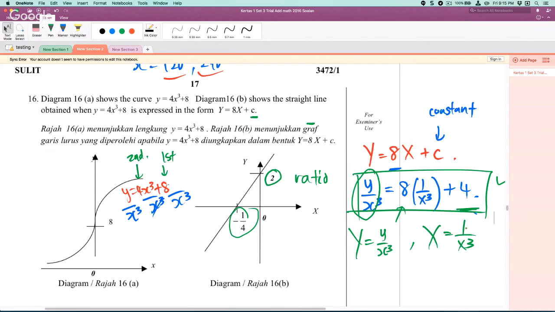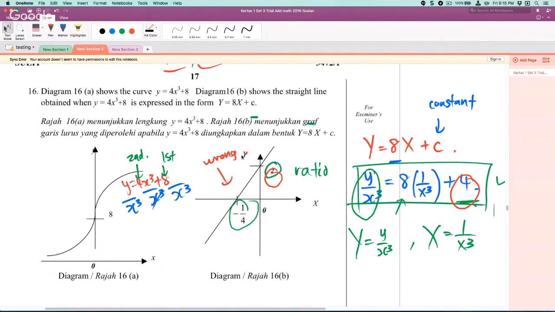But the big problem here is my C is 4, but the C from the diagram itself is 2. So I say unless this is a ratio, if not, this drawing is wrong. Anyway, if you find any other method to solve it, you can let me know.